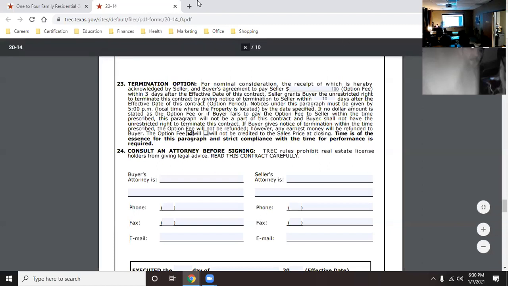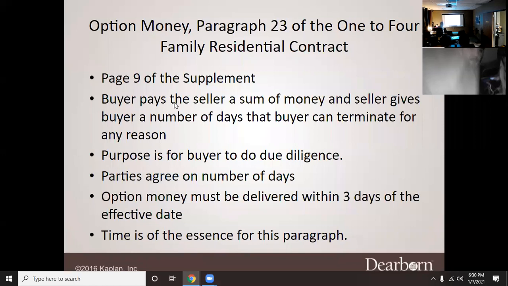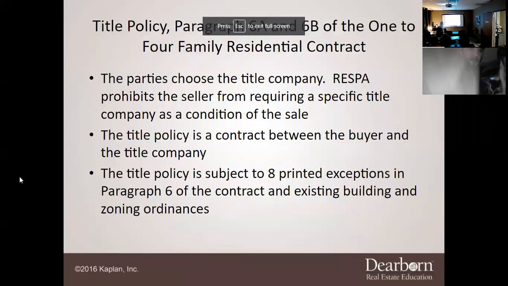Now, title policies, paragraph 6A and 6B of the 1 to 4 family. The parties choose the title company. RESPA prohibits the seller from requiring a specific title company as a condition for the sale. That comes back to what we talked about earlier.